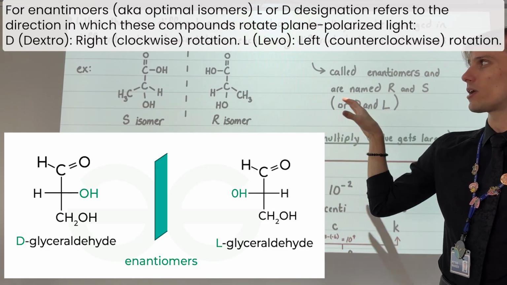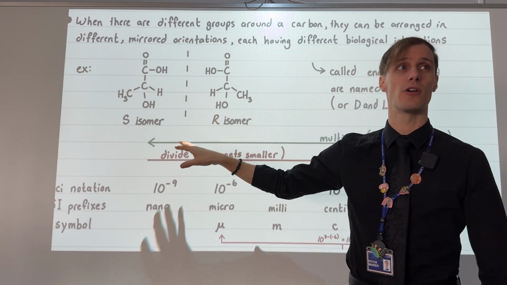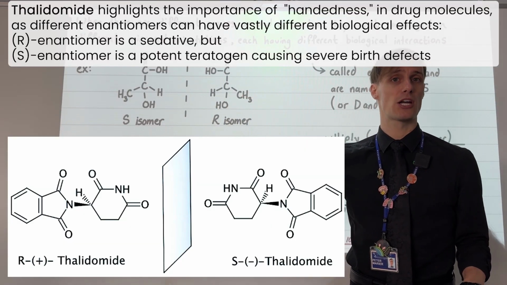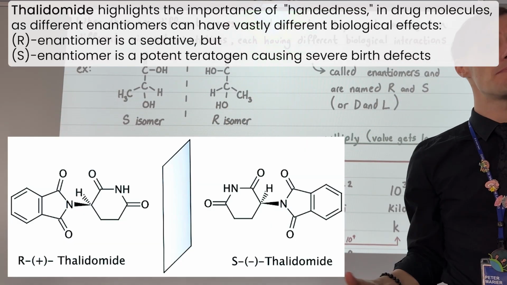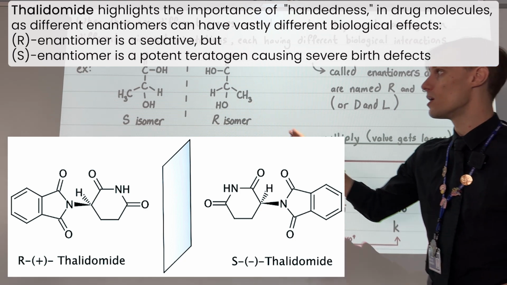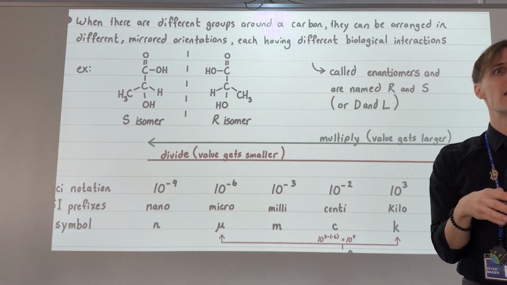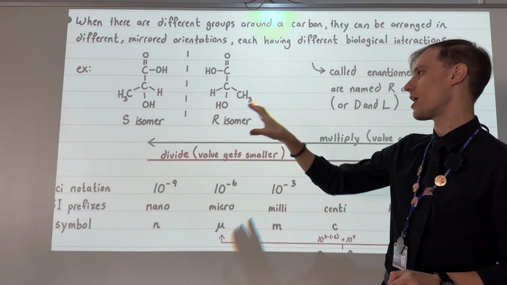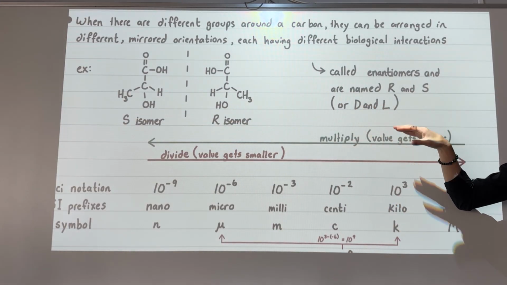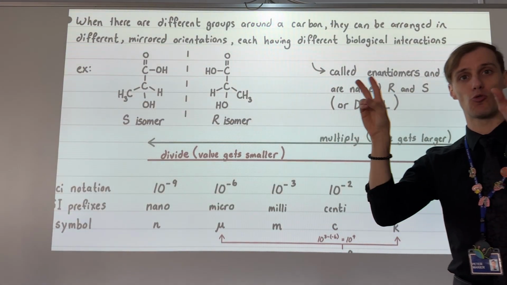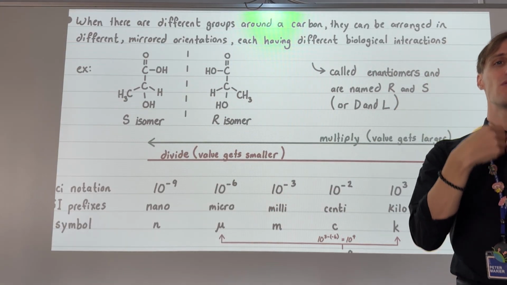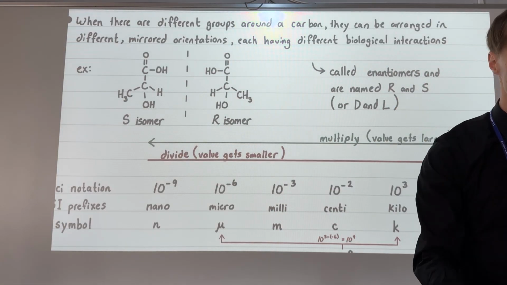So these may look extremely similar to each other, but from a biological point of view, these have very different interactions with enzymes and with metabolic pathways. So if you ever see the names of certain structures, you may see the letter S or R or D and L in front of it, which designates the right-handed or left-handed version of that molecule. So this is yet even more variety that carbon molecules can make.